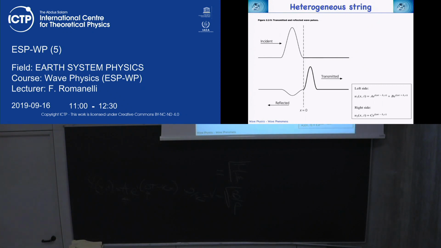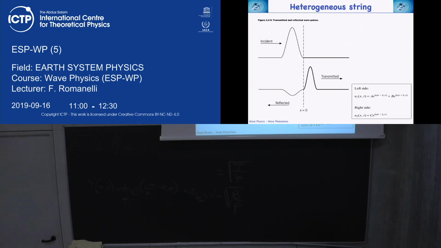Please notice that omega is the same, but k is not. Remember that k, omega, and velocity are related. So if we change velocity because we have changed the density, k will be different, and wavelength will be different. That's why here the wavelength is not the same as here.